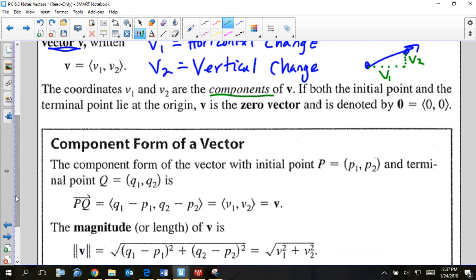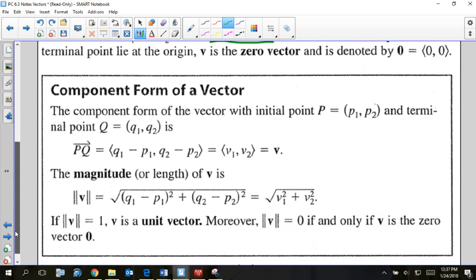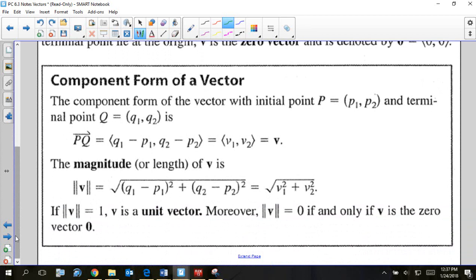Here are some formulas for finding the component form and finding the magnitude, which we've actually talked about already, but I do not like the letters that they used. So we're going to use these formulas and change the letters back to the ones that we are used to using. So instead of the initial point P being at P1, P2, I'm just going to call this x1, y1. That's the initial point.